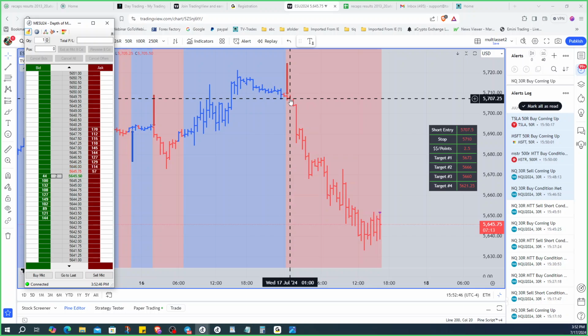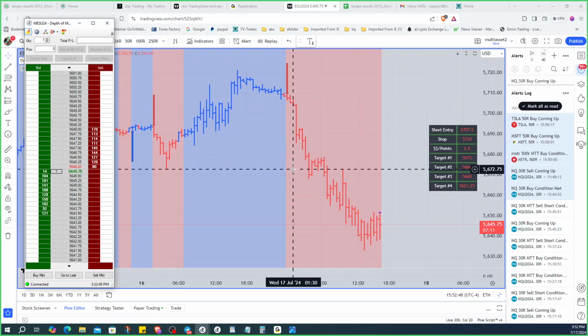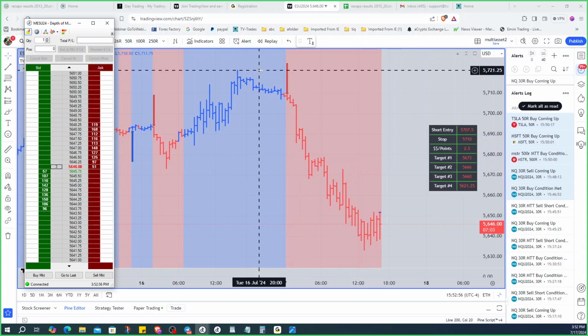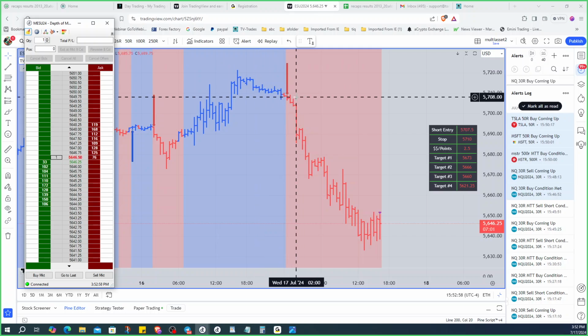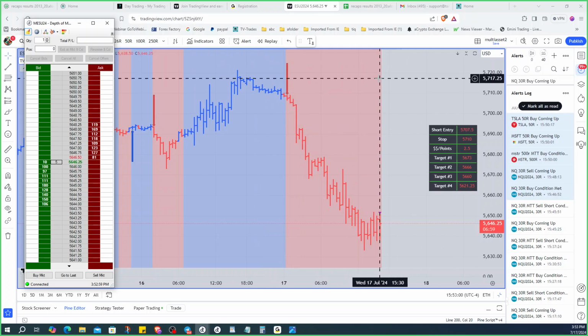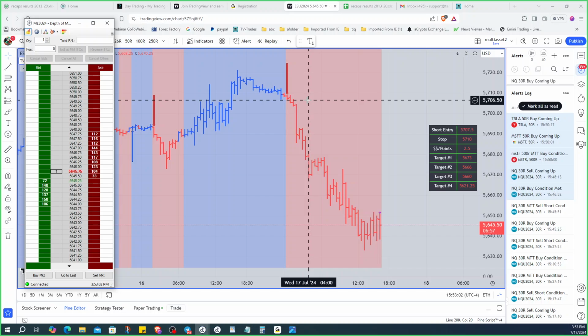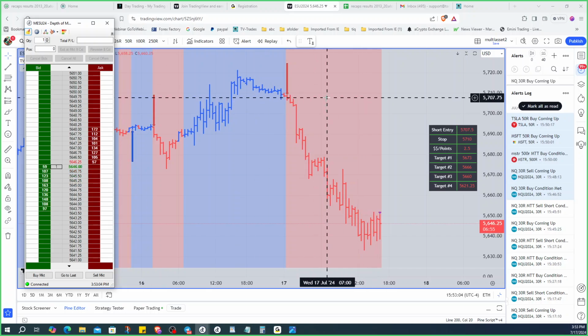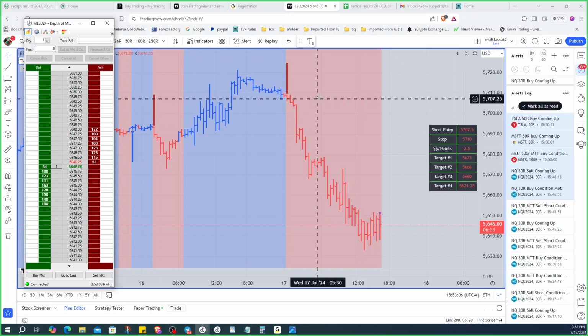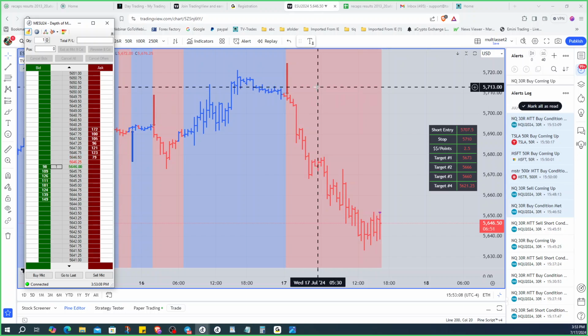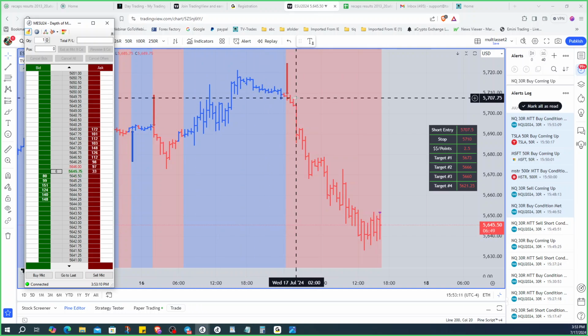And from 707 all the way down to 672, that's, we'll say, 35 points, something like that. 35 points times 1250. So whatever that is, you're risking 65 to make 35 times 1250. The risk reward is a lot greater.